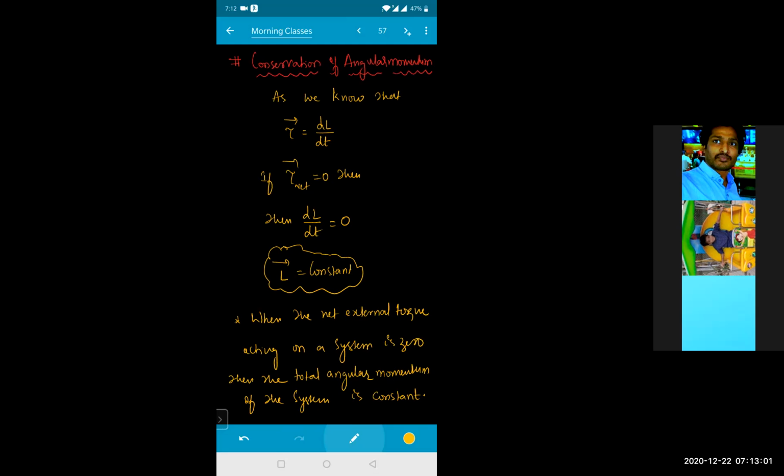Make sure that while conserving angular momentum, keep this point in mind.